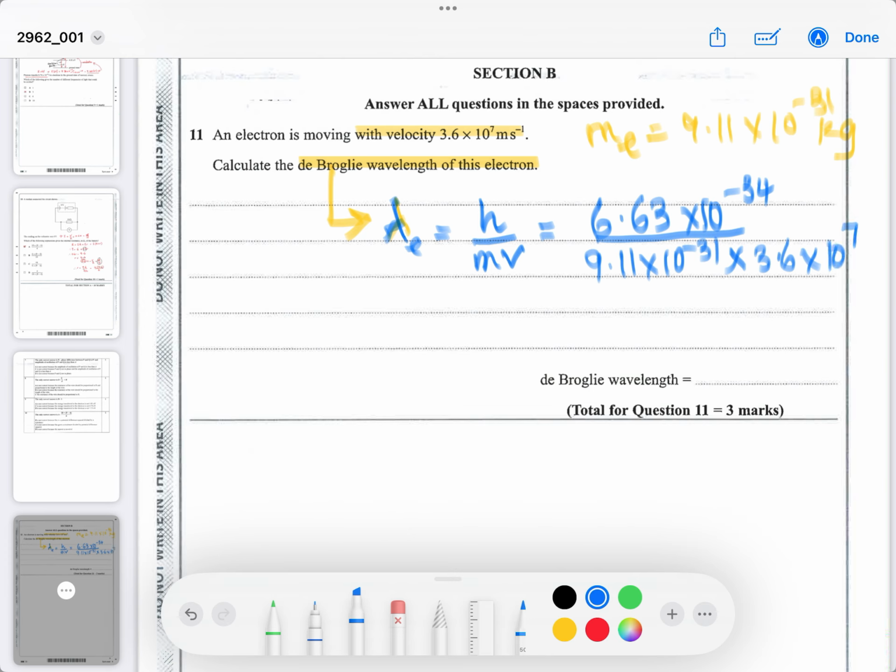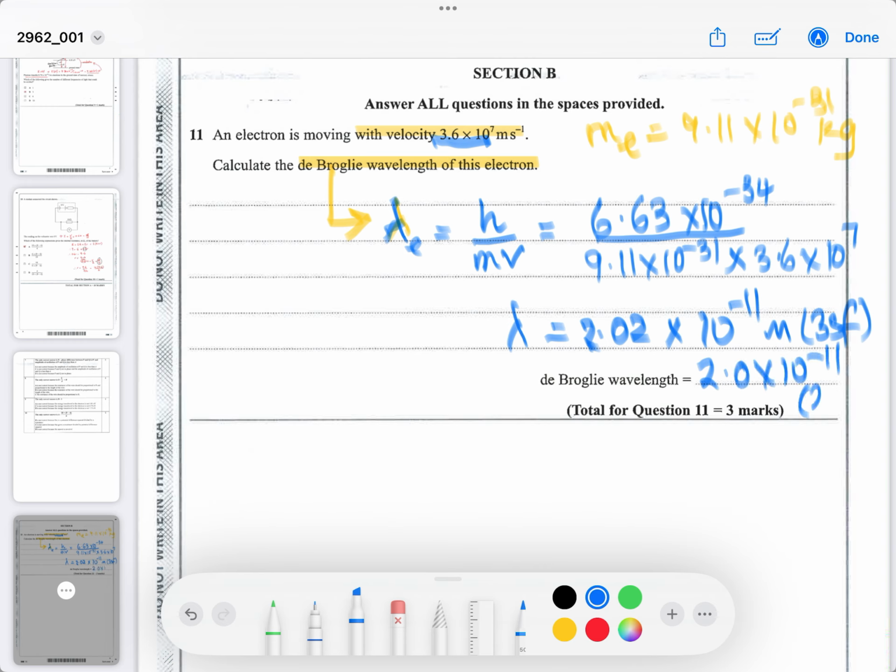And when you do this calculation, I've already done this to save time, it will give you the value of 2.02 times 10 to the minus 11. That's 3 significant figures. But you'll notice the data provided is 2 significant figures, so you should just say 2.0 times 10 to the minus 11, 2 significant figures, is sufficient.